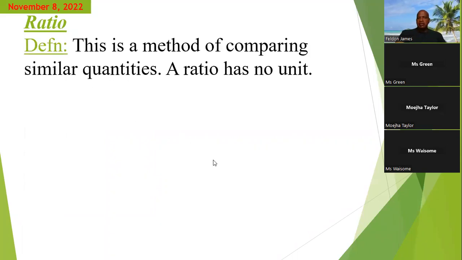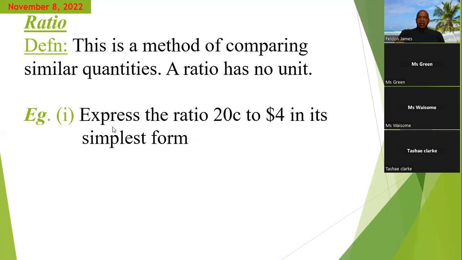Some of the things that we want to learn about ratio is that we need to be able to make comparison with similar quantities, and we know also that ratio has no units. Now, in terms of, say, expressing a ratio in its simplest form, one of the things that we note is that if we are comparing two quantities, here we have 20 cents comparing to $4, we notice that we would have to convert the $4 into cents in order to be able to simplify this ratio.